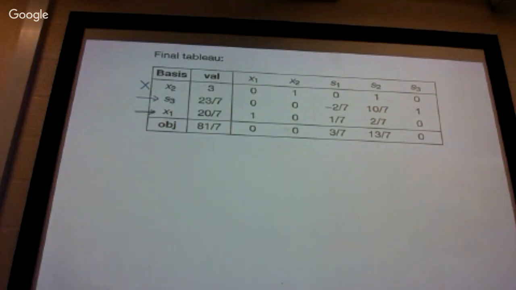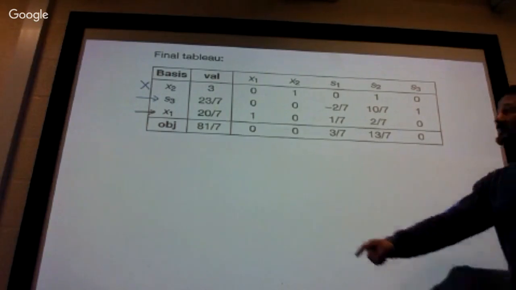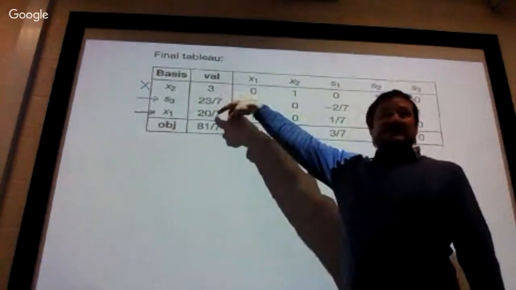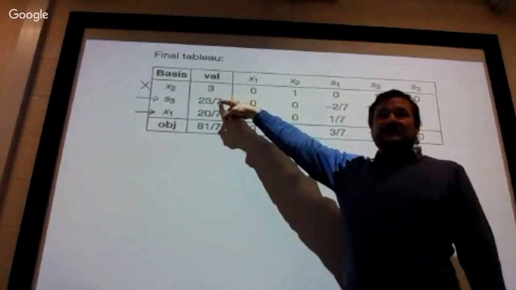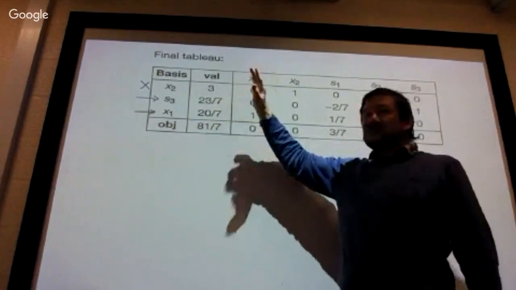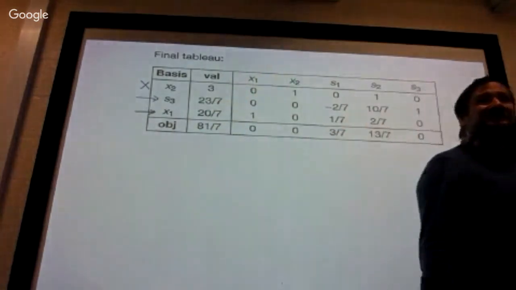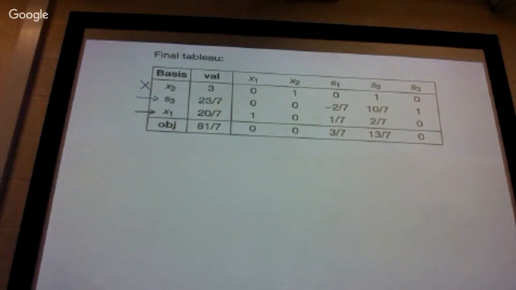Because if you take one with an integer, you would get an inequality, but it wouldn't cut off this solution. So what you want from your inequality is that this point would not satisfy it, because you want to get rid of this point and you want to solve on and on. Okay, that was the idea.